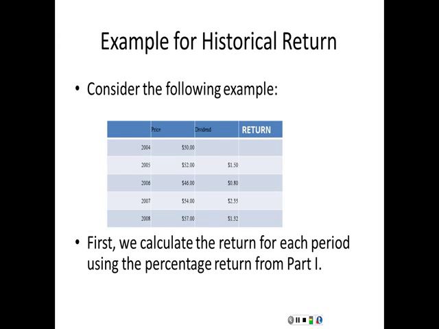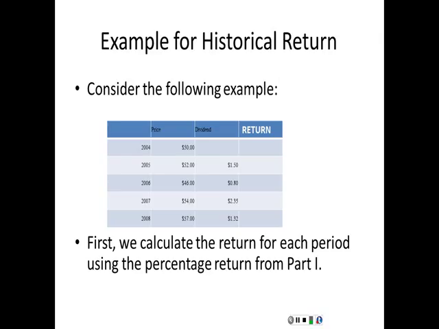So consider the following example. Hit pause if you need to look at the numbers. Essentially we've got prices and dividends, and we're going to calculate returns off this. Think about the previous lecture, Risk and Return 1, where we had the return calculation formula: the gain in price plus the dividend divided by the initial investment.